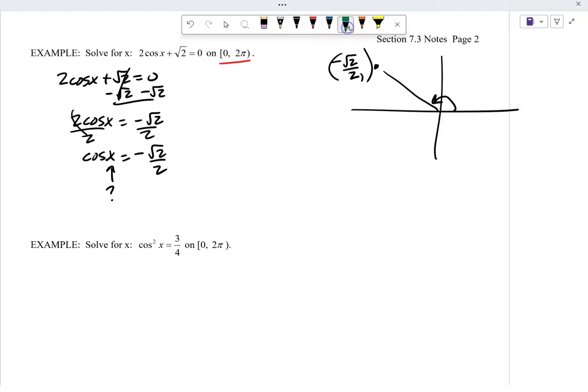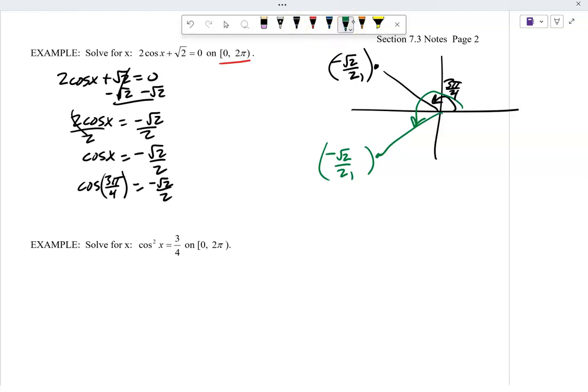It also has another one over here, in quadrant 3, that also has a cosine of negative root 2 over 2, right? So that first one would be 3π/4. So we know the cosine of 3π/4 is negative root 2 over 2.